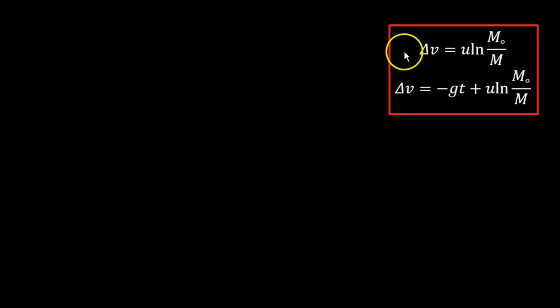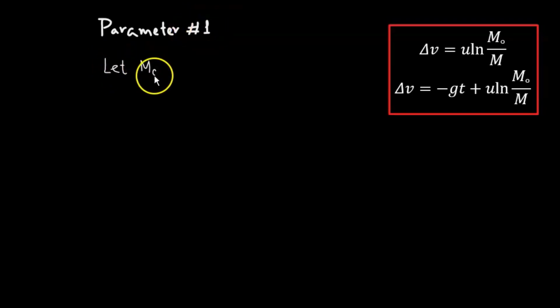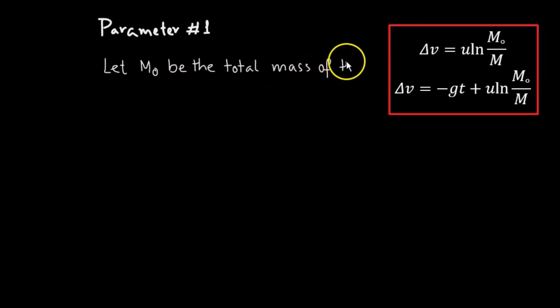Now that we have the two equations for the rocket, one moving in free space and the other moving under the force of gravity, we're going to introduce 4 important parameters. Let's start with the first parameter. Parameter number 1: let m0 be the total mass of the rocket.